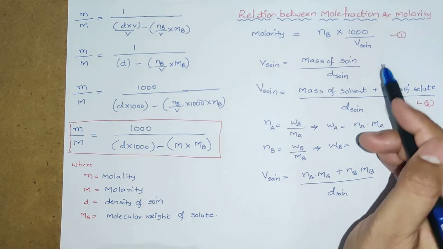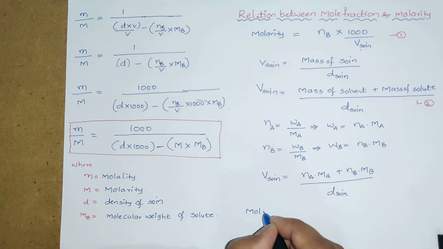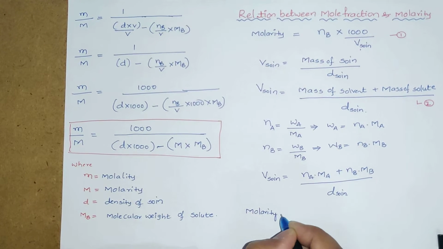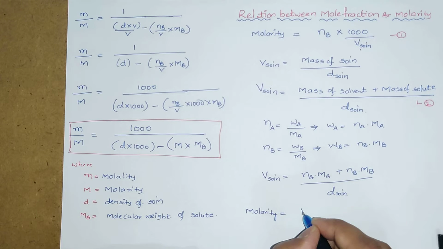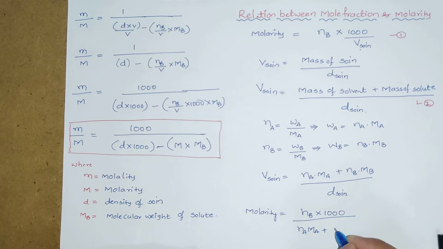So this volume of solution we have to substitute in equation number 1. Now molarity is equal to Nb into 1000 by Na Ma plus Nb Mb by density of solution.